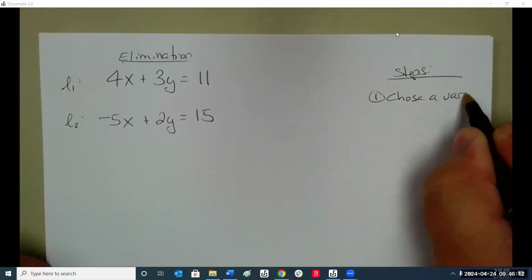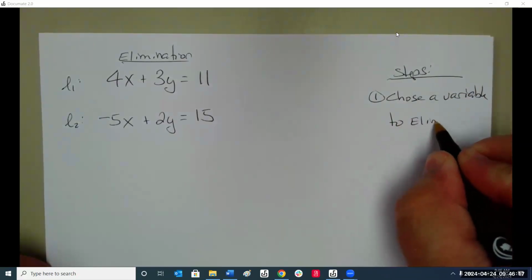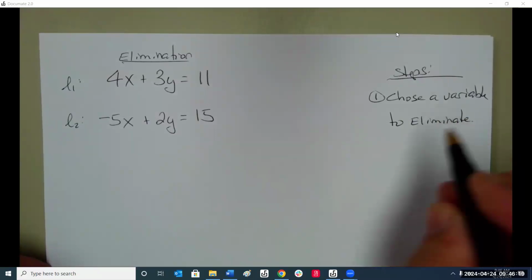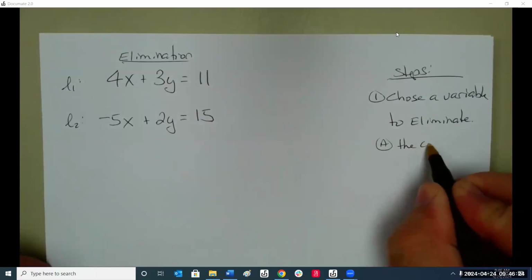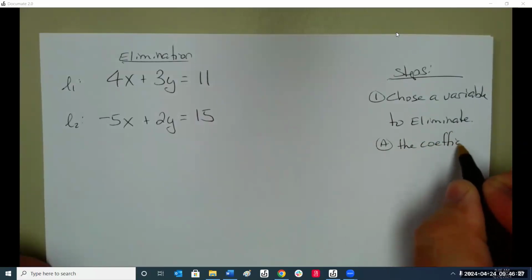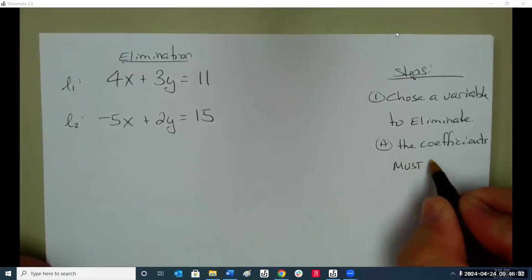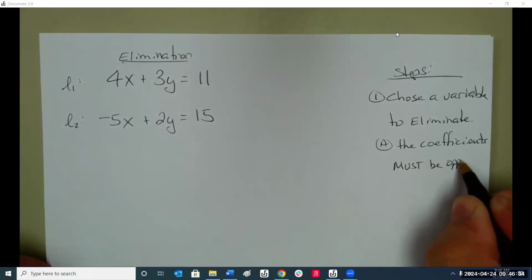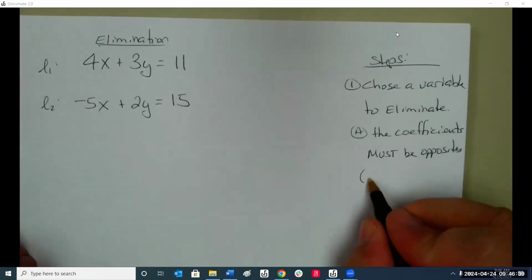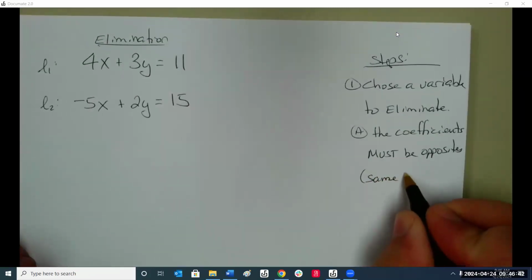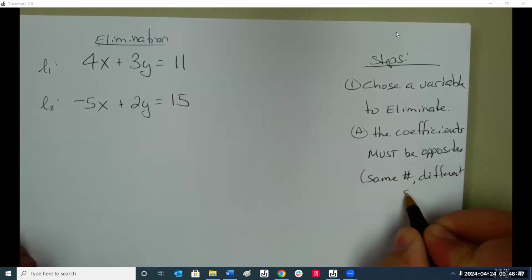Choose a variable to eliminate. The coefficients must be opposites. In other words, same number, different signs.